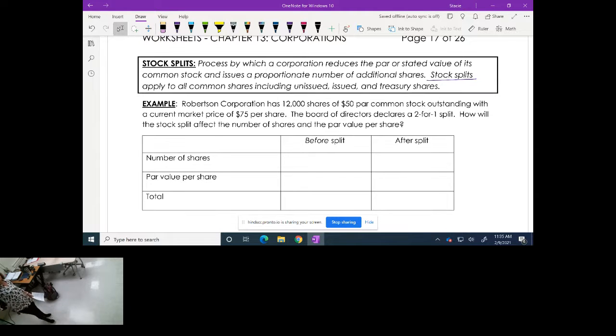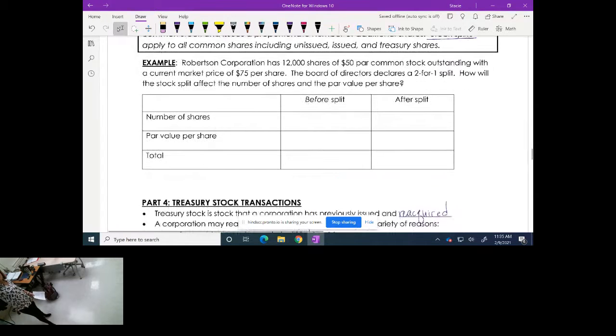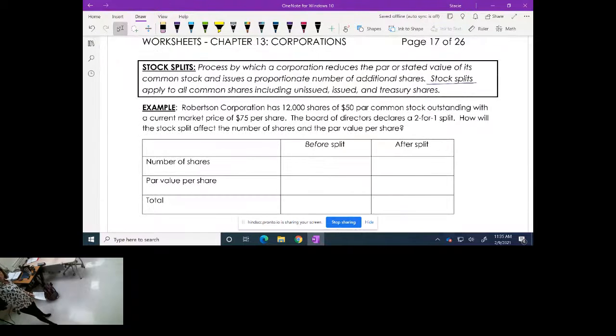It's kind of like that last one we did with the stock dividends. Make sure you're aware that stock splits apply to all common shares if they're not issued yet. So they're authorized but maybe not issued yet. If they're issued, and then Treasury shares, which are shares that the corporation has bought back. So any common shares, if they split, you're going to have 2-3 times as many depending on what the split is.